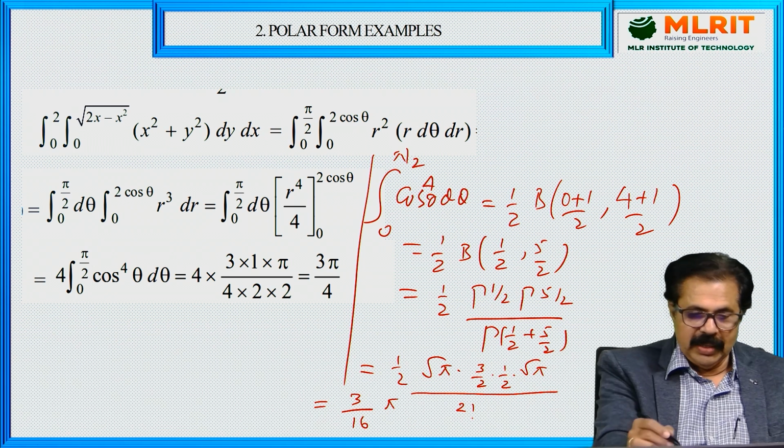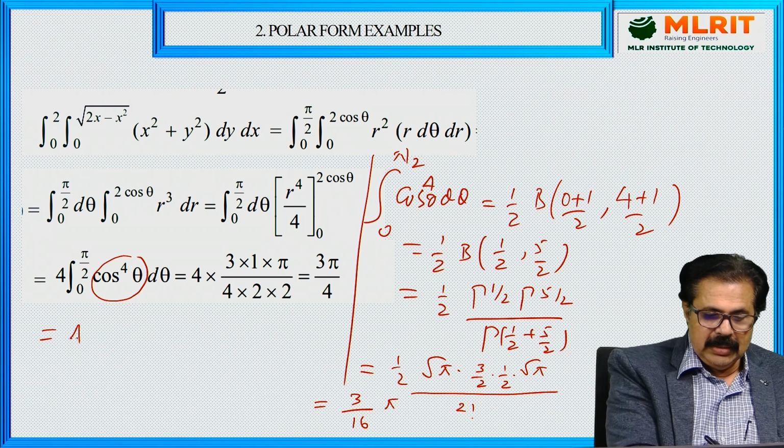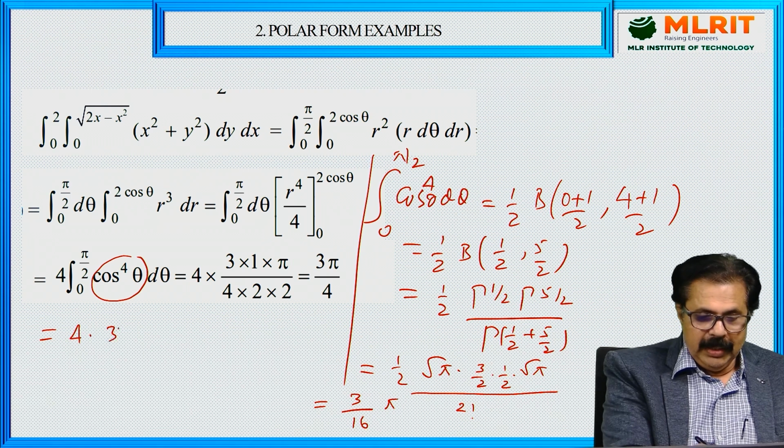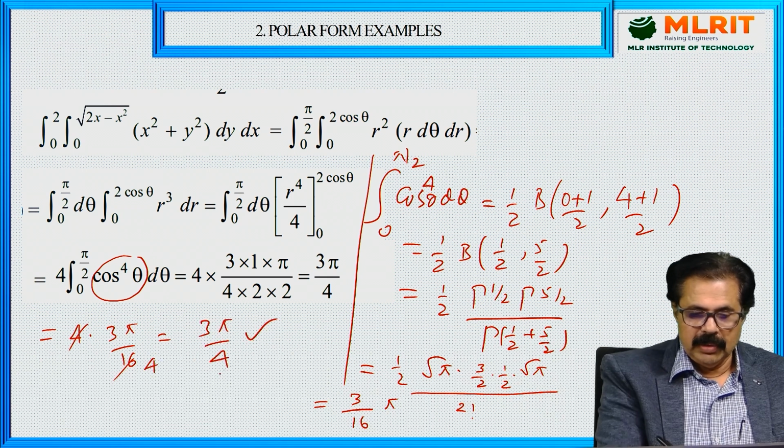So this integral is nothing but 3 pi by 16. Now the 4 cancels and what you get is 3 pi by 4. That is the answer.